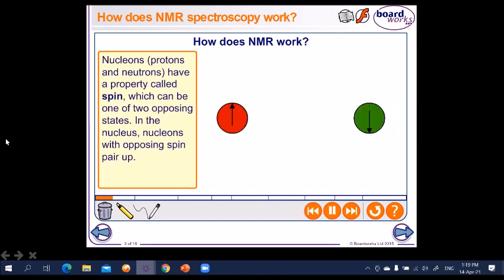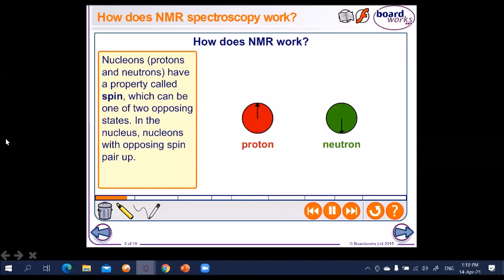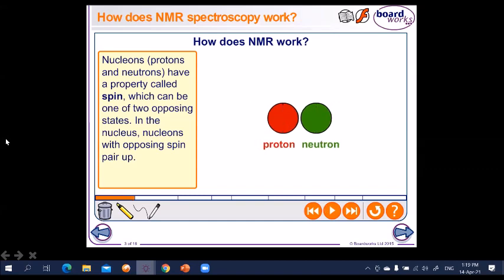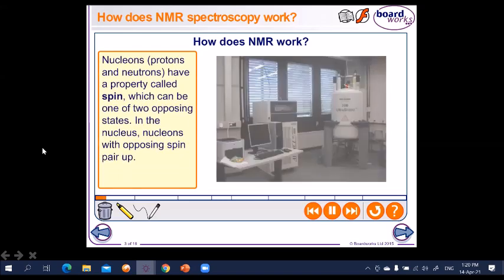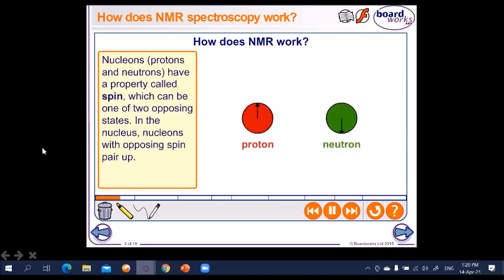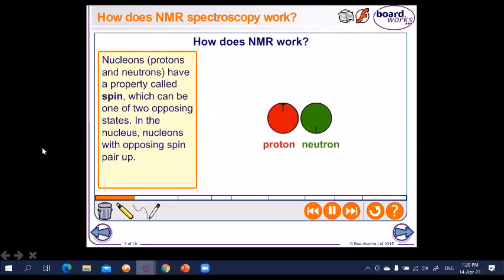Basically, nucleons, which are protons and neutrons, have a property called spin, which can be one of two opposing states.